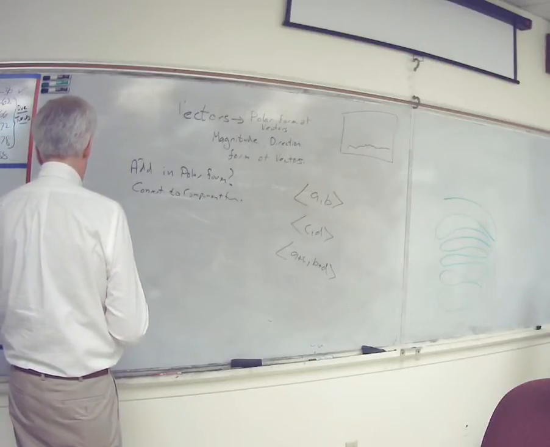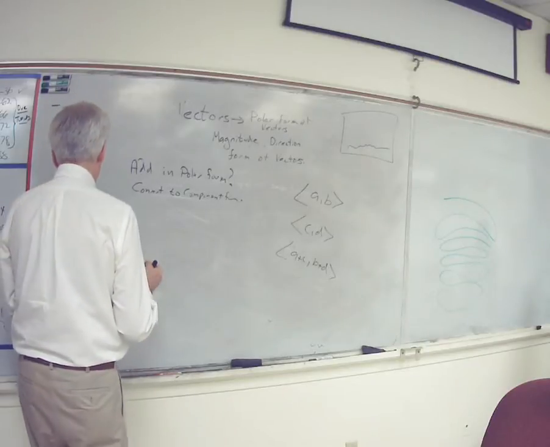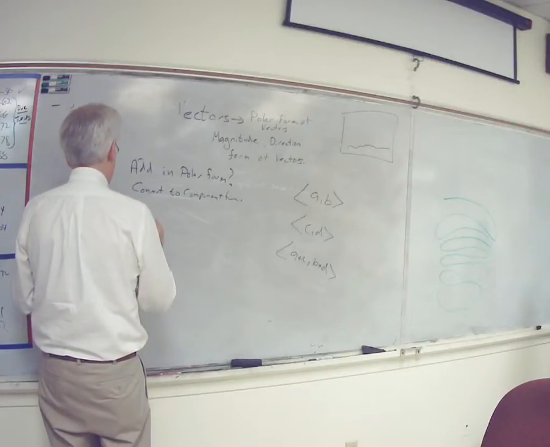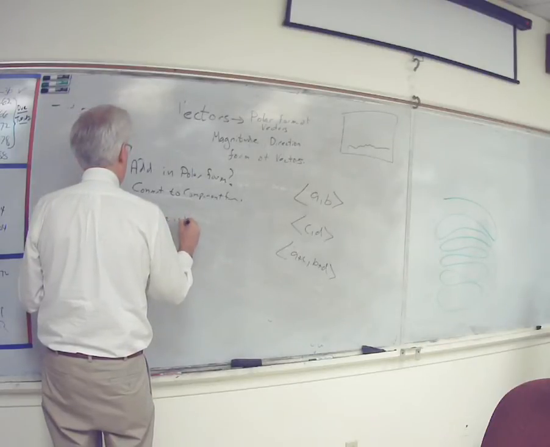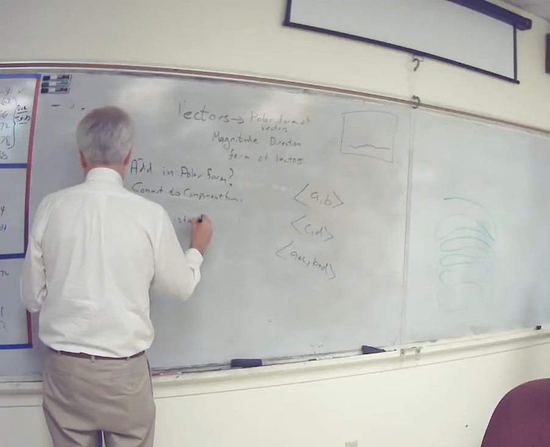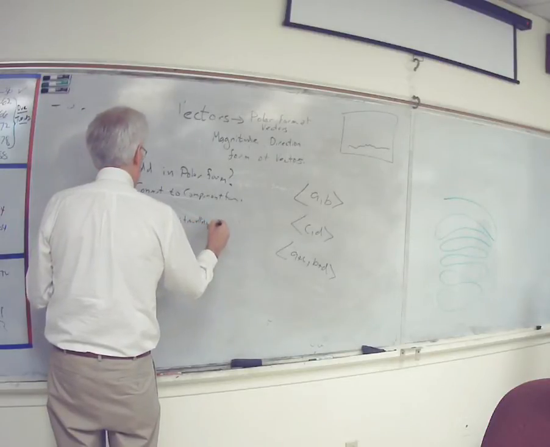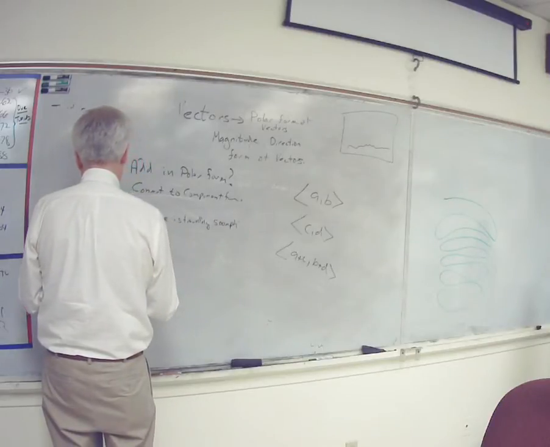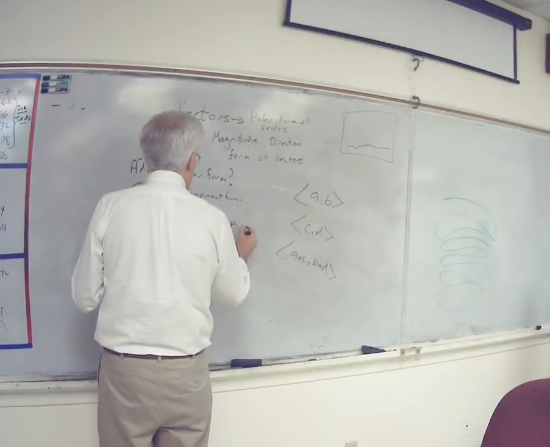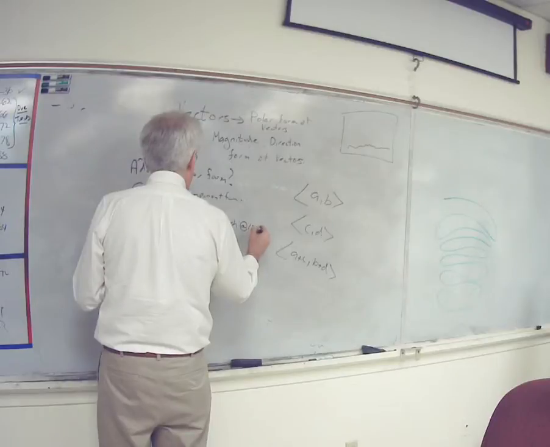Let's say that we're going to add two vectors. An airplane is traveling 500 miles per hour at 120 degrees.